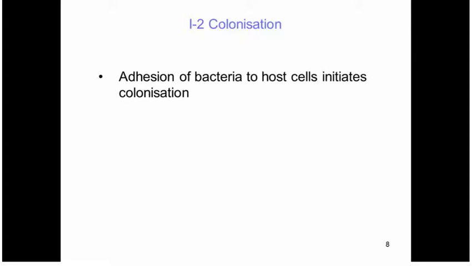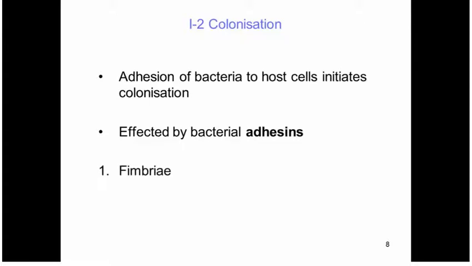So, colonization. Kind of like for viruses, the bacterium has to adhere specifically to host cells or tissues. And this is going to be a function of bacterial adhesins, and there are two types: fimbrial adhesins and non-fimbrial adhesins, which is everything else.